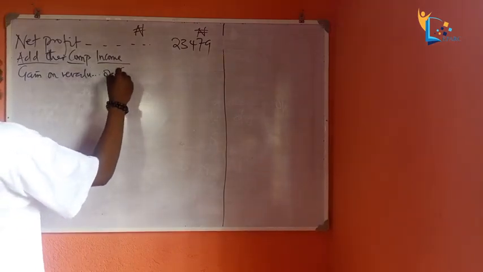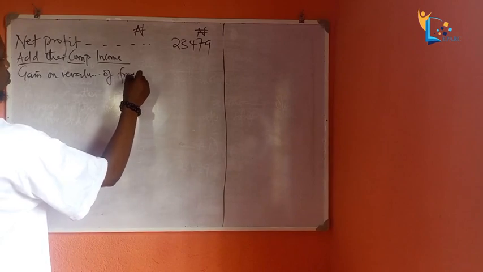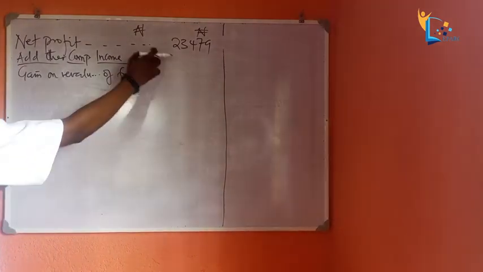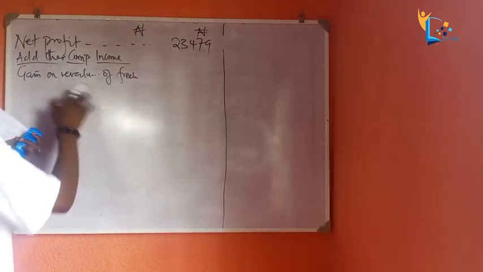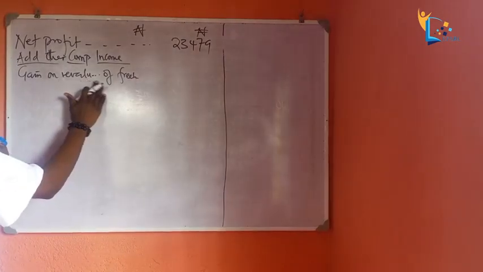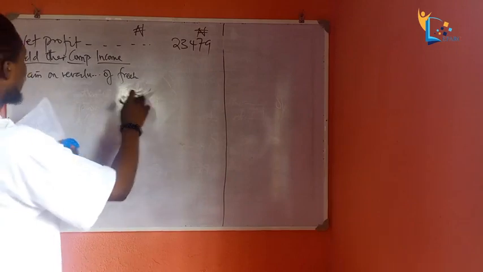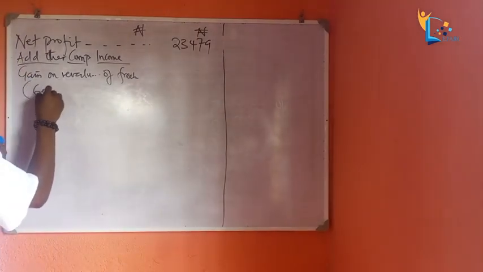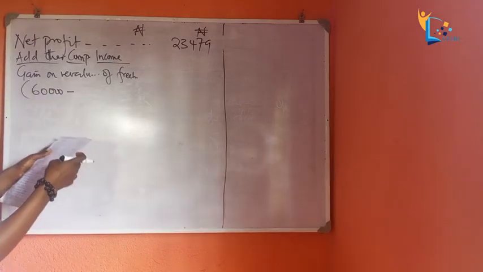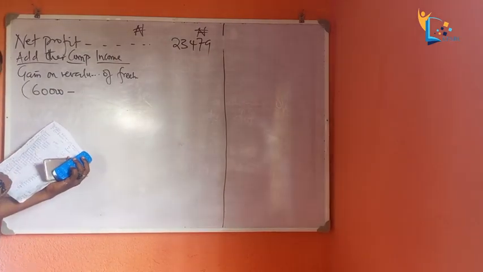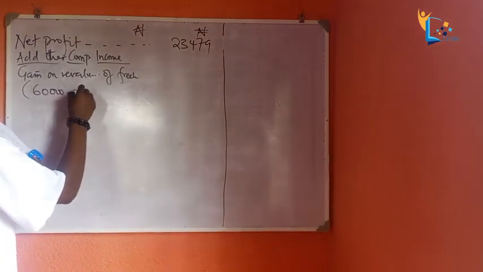I'm just shortening it because of space. Let me use gain on revaluation of freehold premises. So this is how we got it. We'll now do 60,000 minus 46,000.